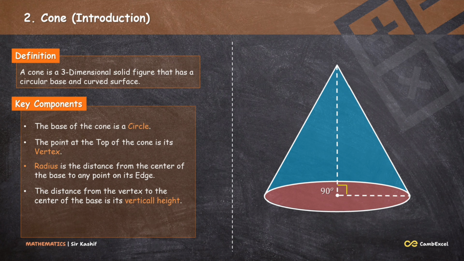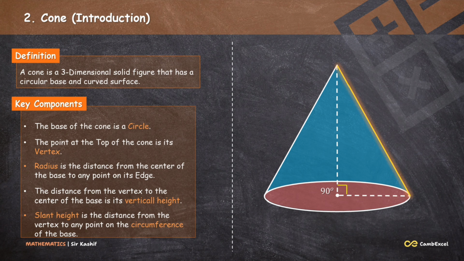Lastly, we have slant height, which is the distance from the vertex to any point on the circumference of the base. This slant height always makes some angle with the radius. Here we are going to label that angle as theta.